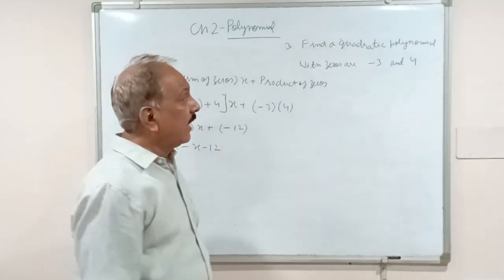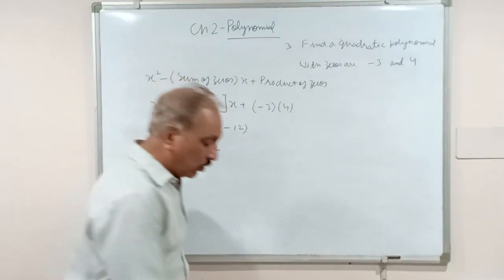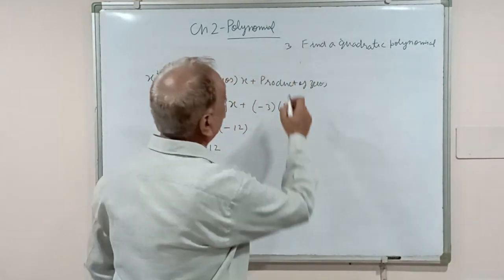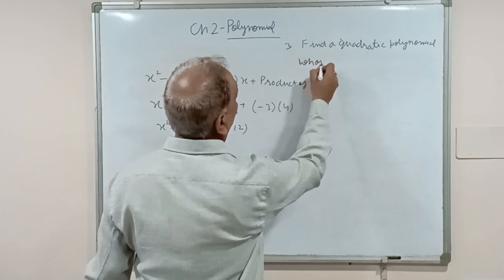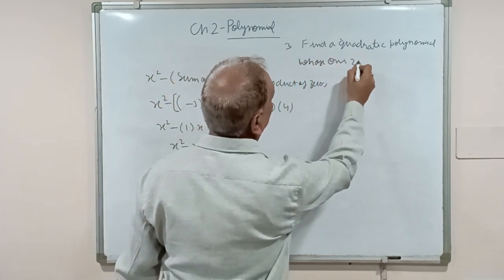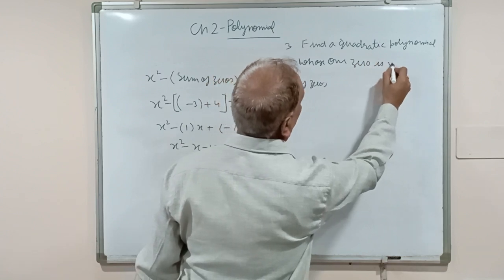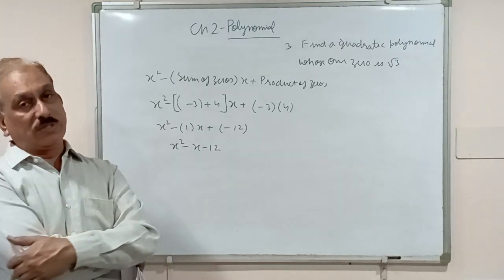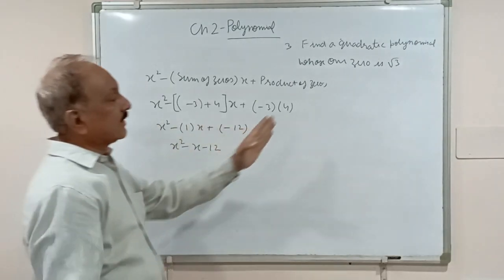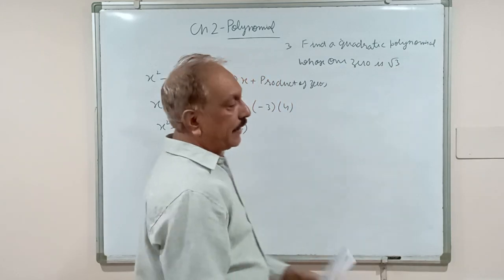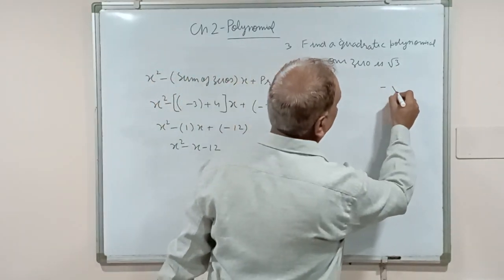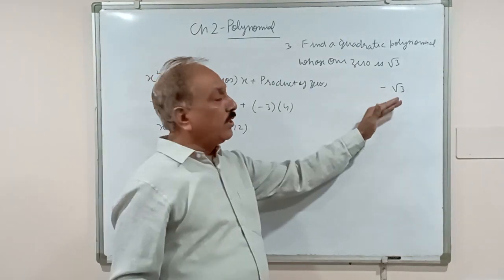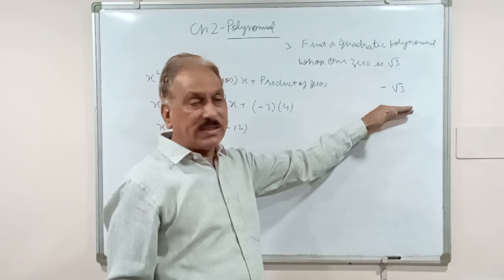Many times they will give: find a quadratic polynomial whose one zero is root 3. In that case, let one zero is root 3, other zero is minus root 3. If one zero is root 3, what will be the other zero? Minus root 3.